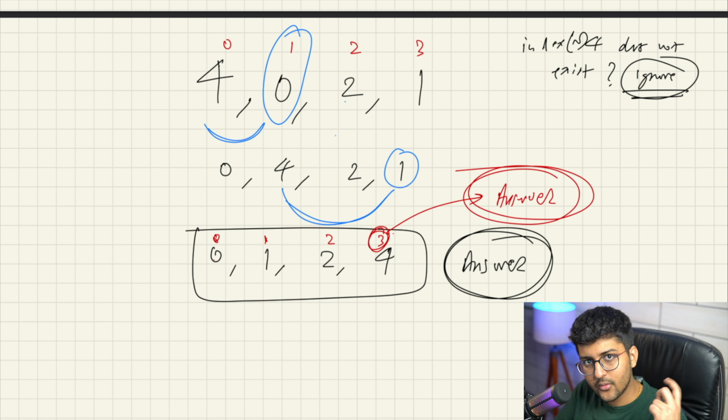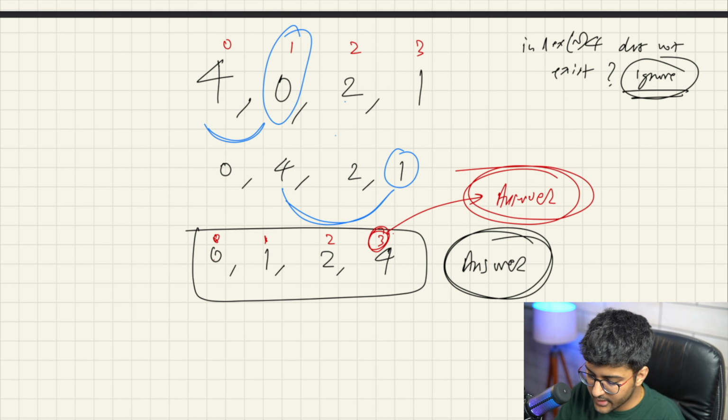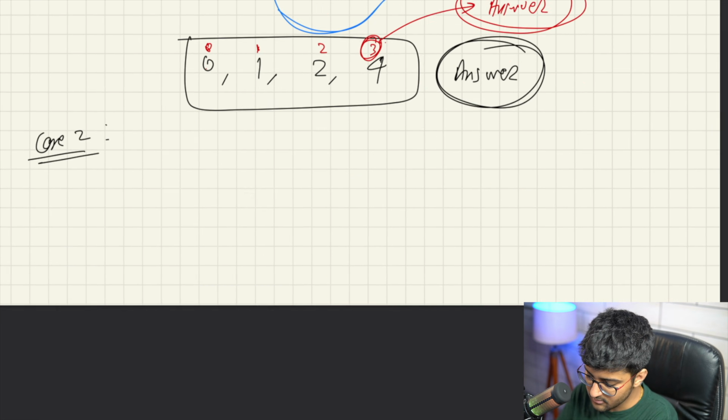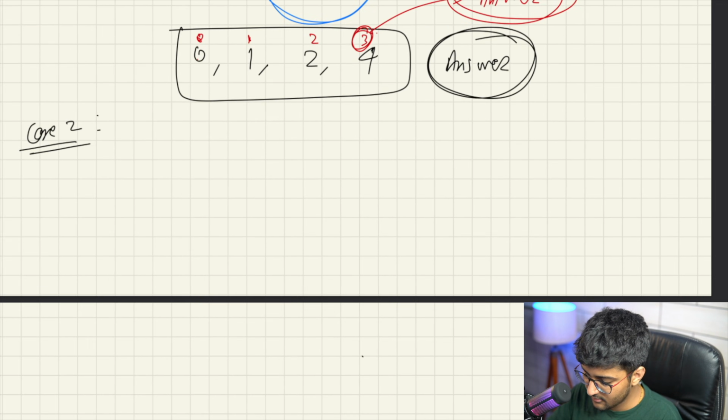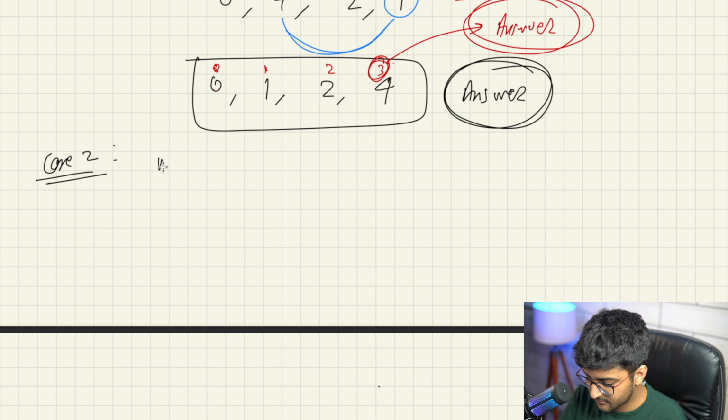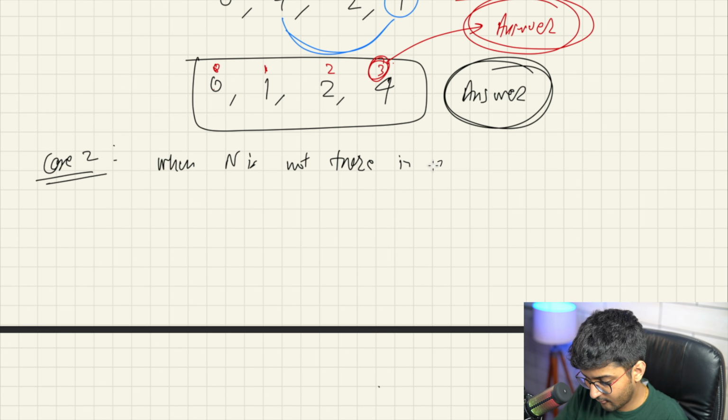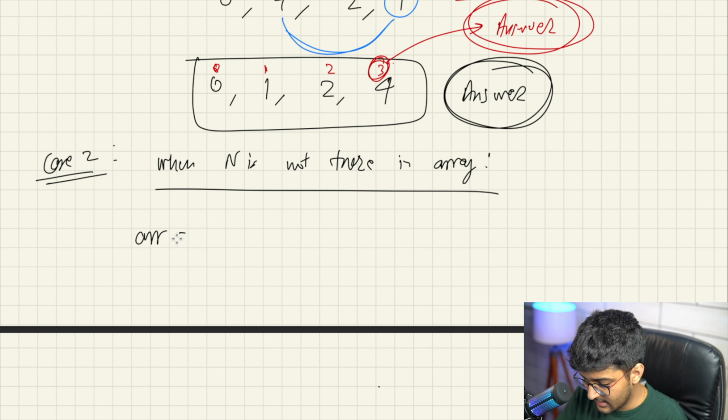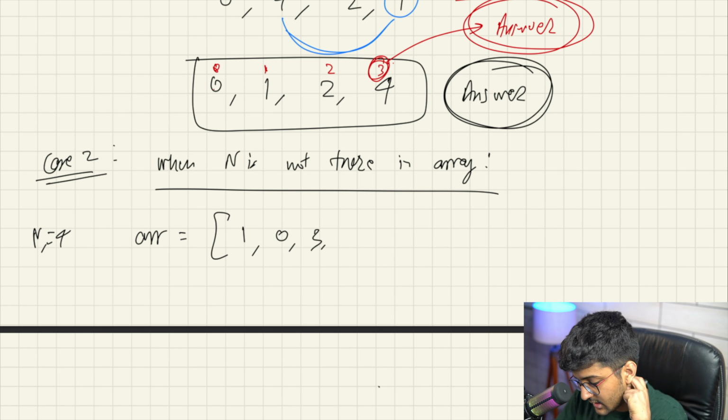Okay, what will be the other case? Case number 2 will be when n is not there in the array. For example, for n equal to 4, you're given the array 1, 0, 3, 2.